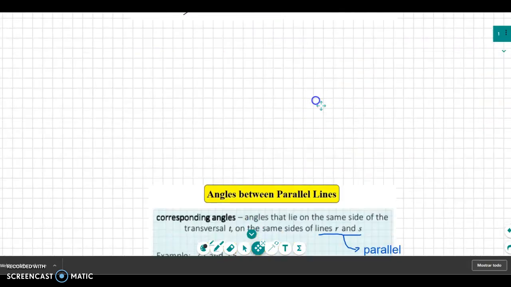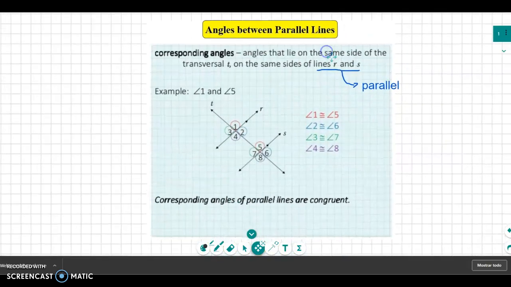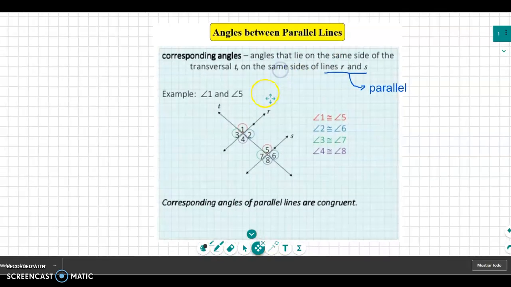The first type of angles that we have are corresponding angles. What are corresponding angles? They are angles that lie on the same side of the transversal T, on the same sides of lines R and S. In this picture we have the lines R and S, which are parallel.